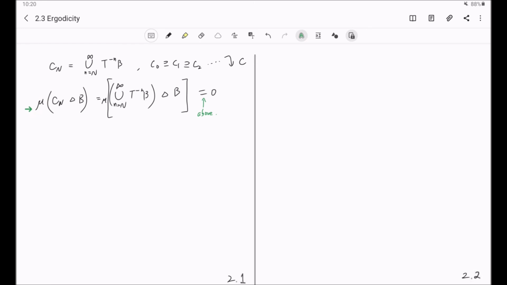So it is safe to just put the limit inside and conclude that the symmetric difference of C and B has measure 0. And that completes the proof of the direction from 1 to 2.